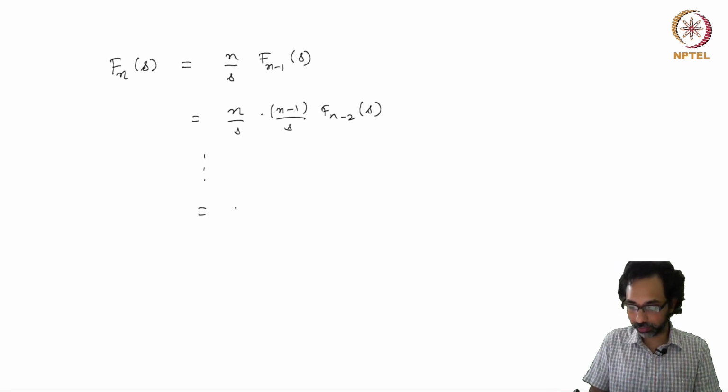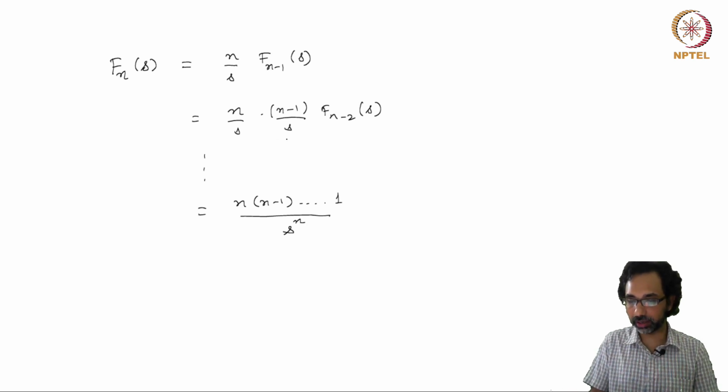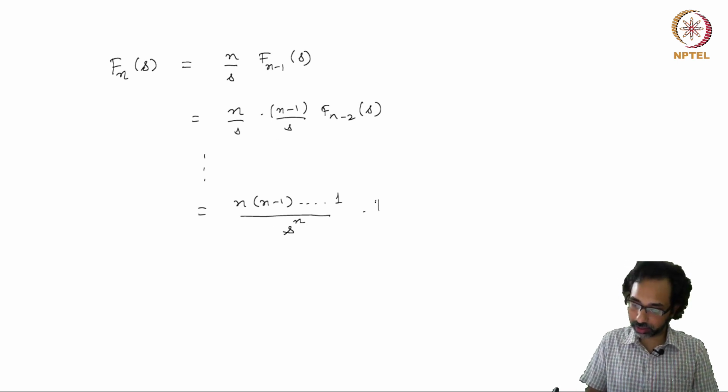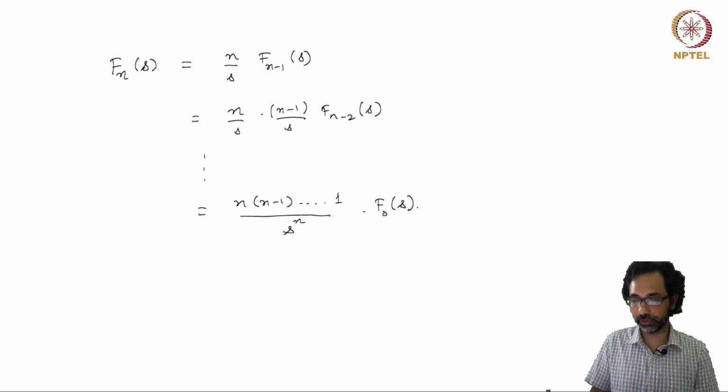So in this way we get n times n minus 1 up to 1, over s to the power n, you will get n terms, and in the end you will get f0 of s. Okay. Now note that the numerator is just n factorial and the denominator is s to the power n.